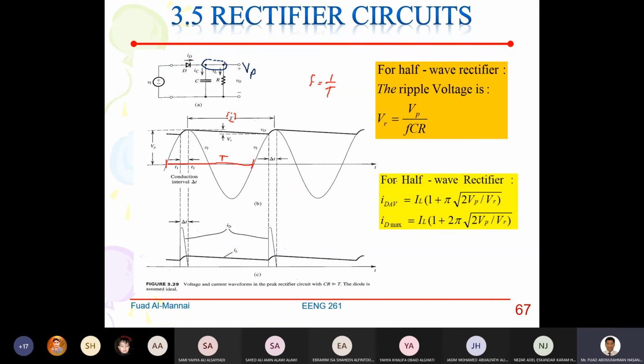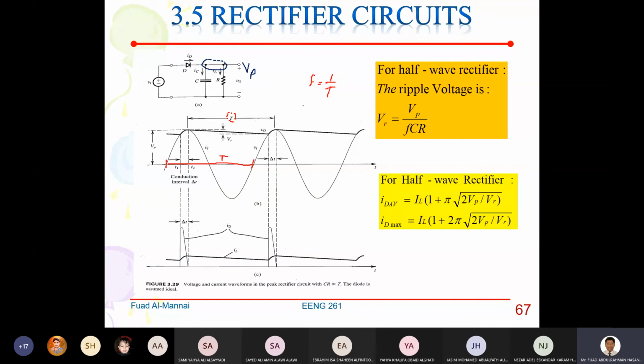Now for the half wave rectifier, the ripple VR is equal to VP, the output peak, divided by FCR, where F is the frequency of the input. If the frequency is 60 Hertz, then F would be 60.